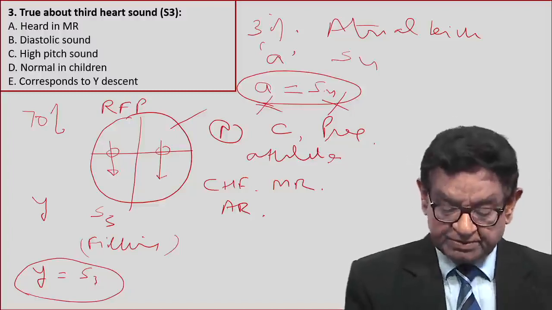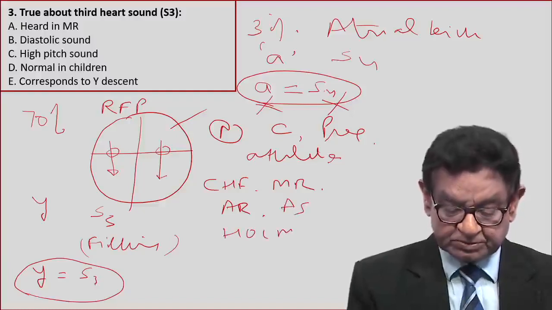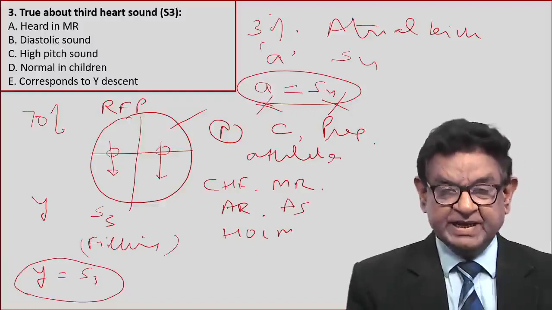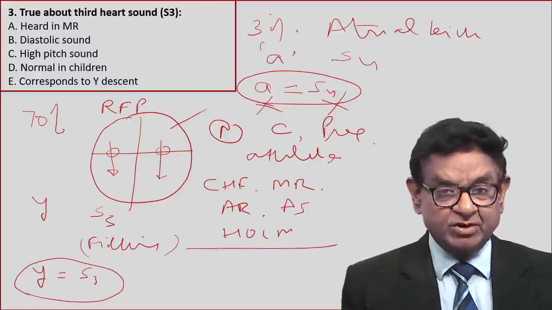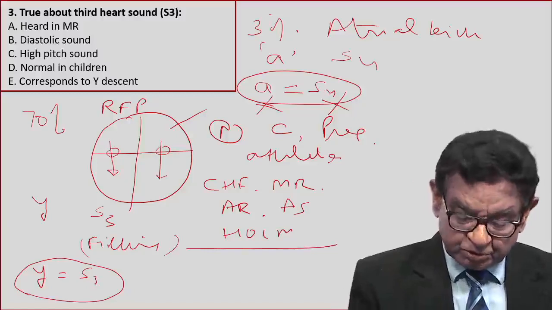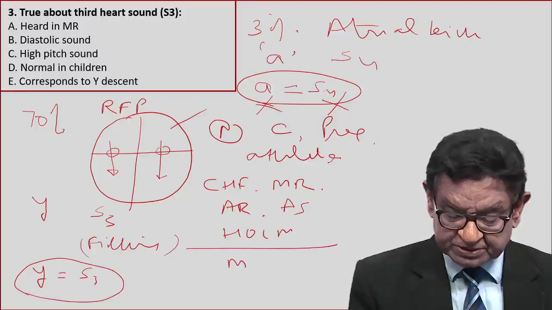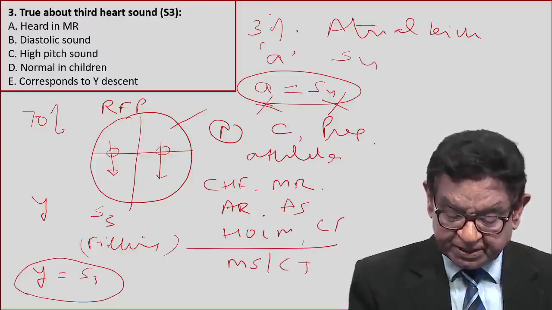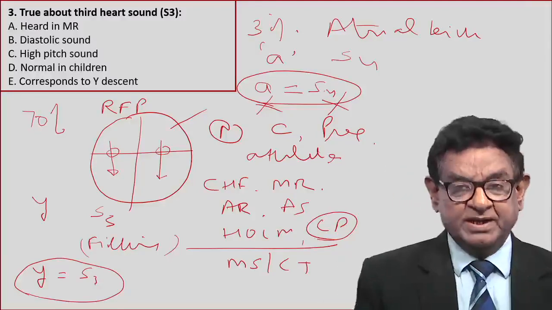Okay, it can be heard in AS also, HOCM also. But there are two conditions where S3 is never heard, and this is again a top ranker question. The two conditions where the third sound is never heard are mitral stenosis and cardiac tamponade. It is heard in constrictive pericarditis, where a special name is given, the so-called pericardial knock.